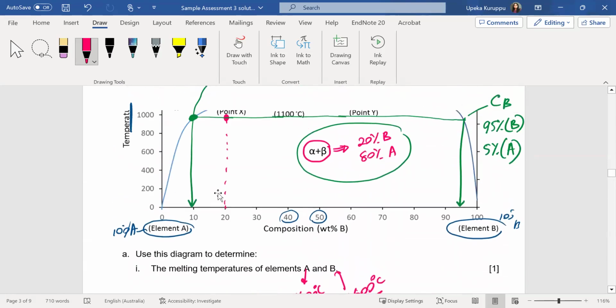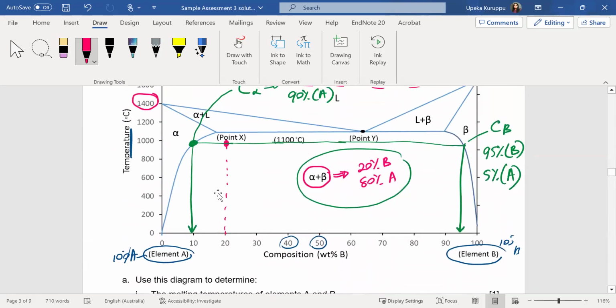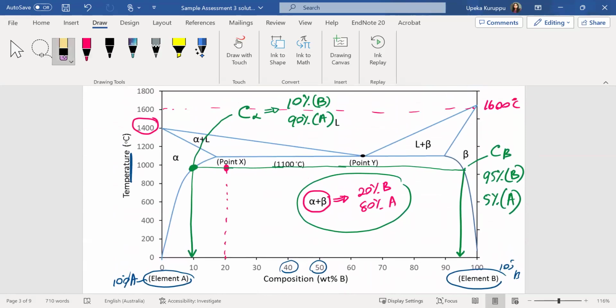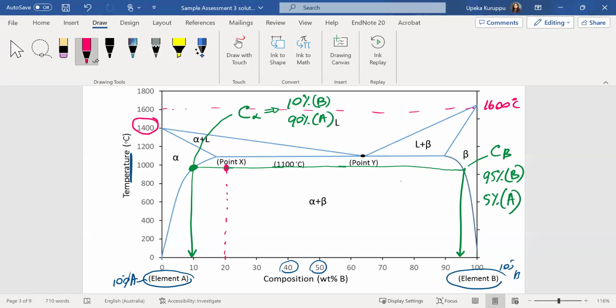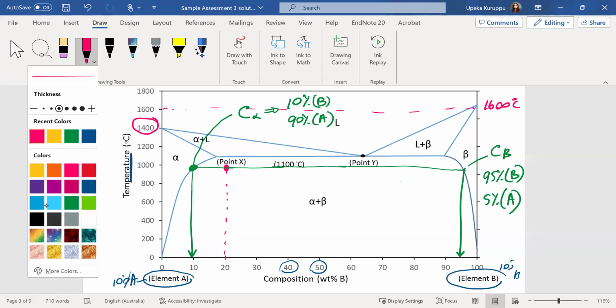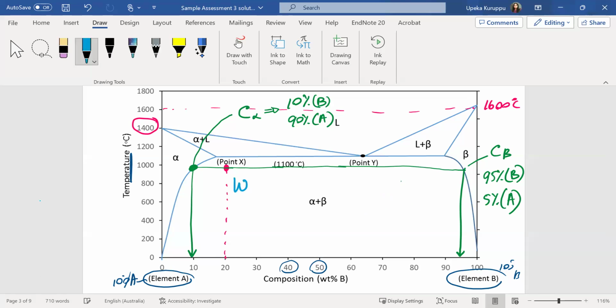So what do you do here? Anyone remember how to do this? If I find the weight percentage of alpha, for example, the alpha line is this one. You look at the opposite side, at this line here. That's why we call it the lever rule.